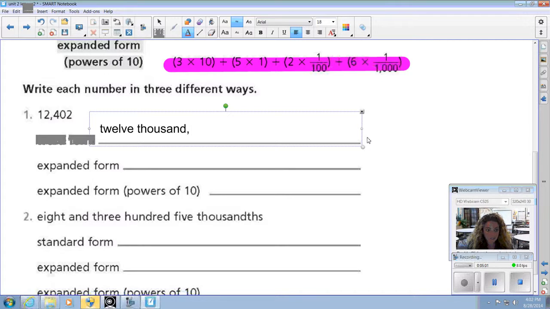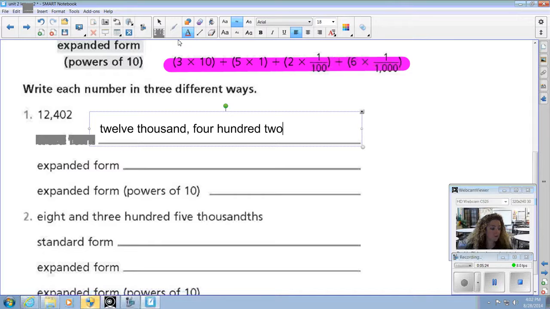Then I say 12,402. And I don't say the word and. That number is not said 12,402. There's no decimal there. That number is said 12,402. Very clear? Got to be clear and careful about how you say it.